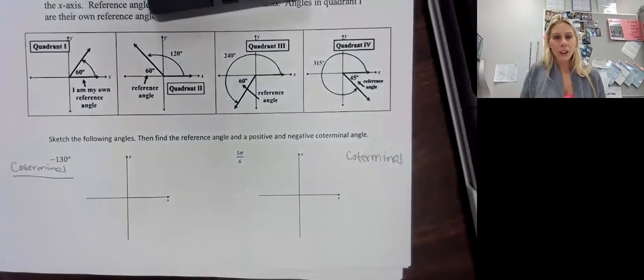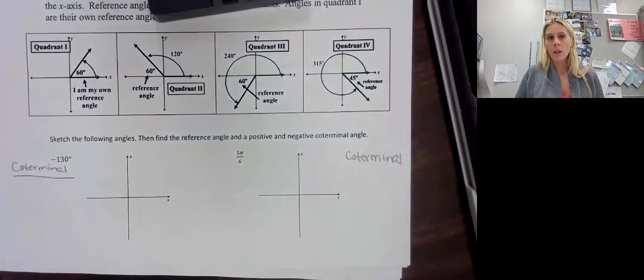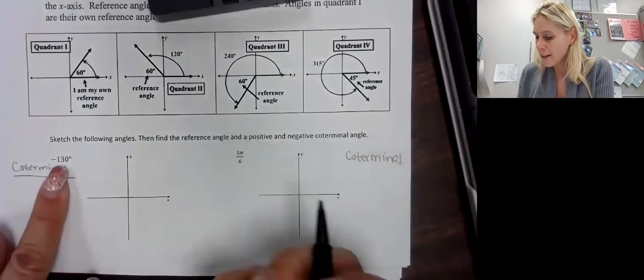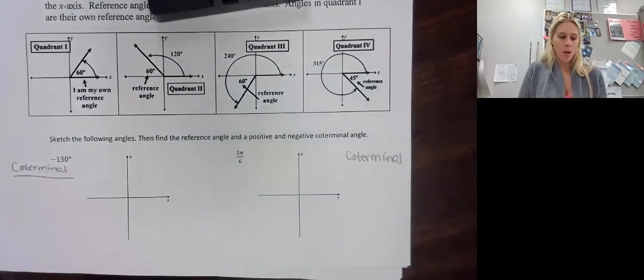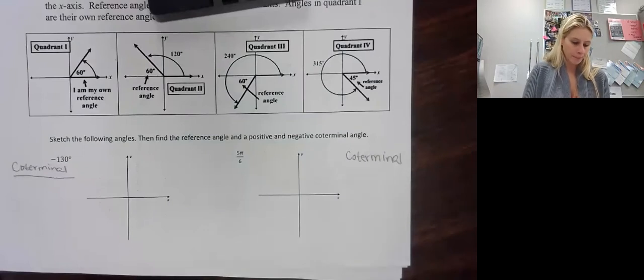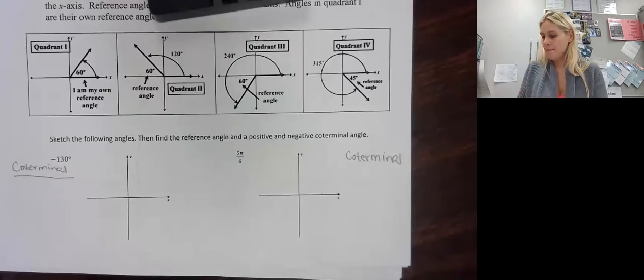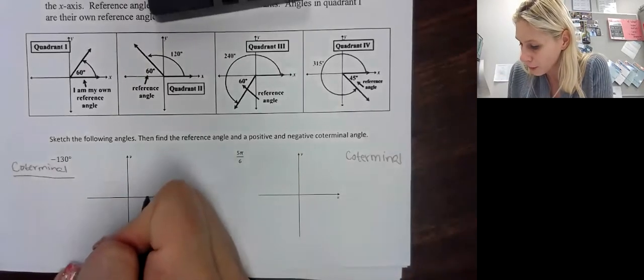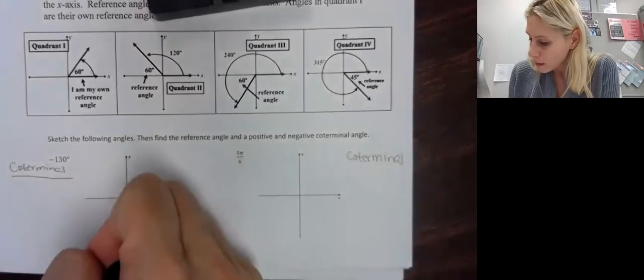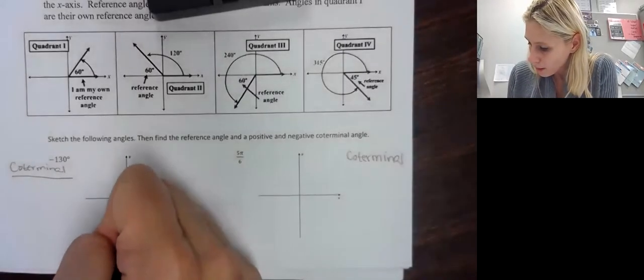So let's sketch these angles, find some coterminal, and then also look at the reference. So negative 130, right? So it's more than 90, and it's less than 180. Okay. So negative, start on the x-axis, go clockwise.